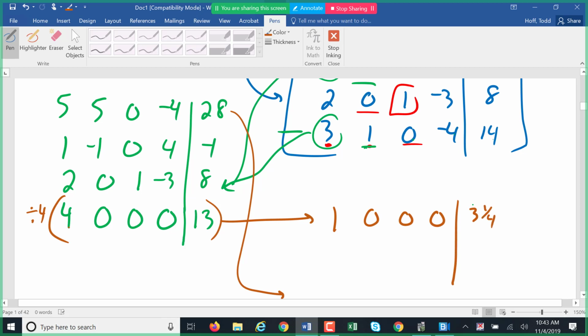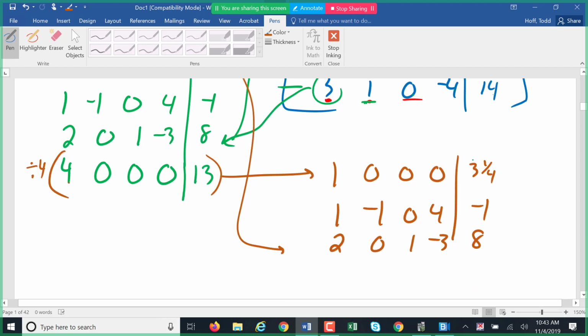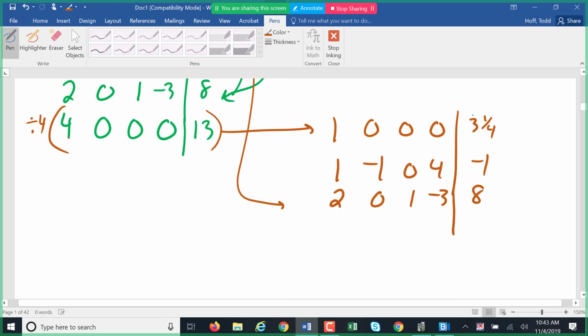My second row, 1, negative 1, 0, 4, negative 1. Third row is still 2, 0, 1, negative 3, 8. My bottom row is now my old top row, 5, 5, 0, negative 4, 28.